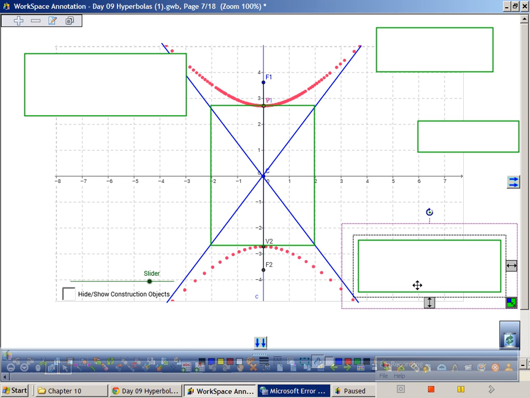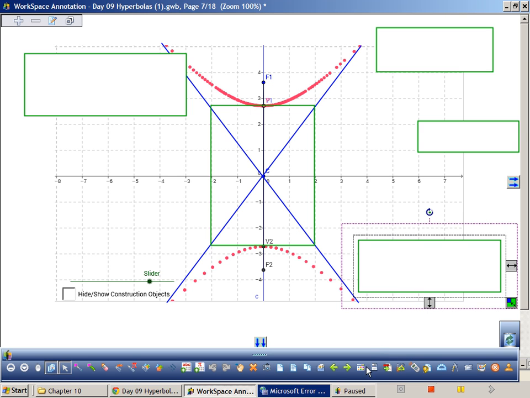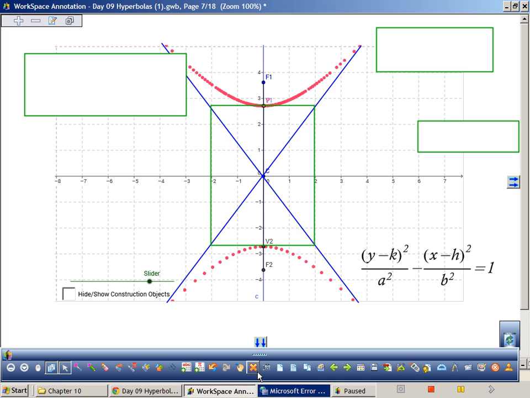Evan, thank you for raising your hand. Okay. Minus... squared over B squared minus (y minus k) squared over A. Okay. Was he right?